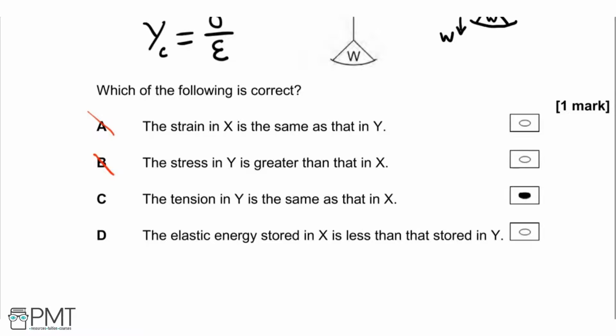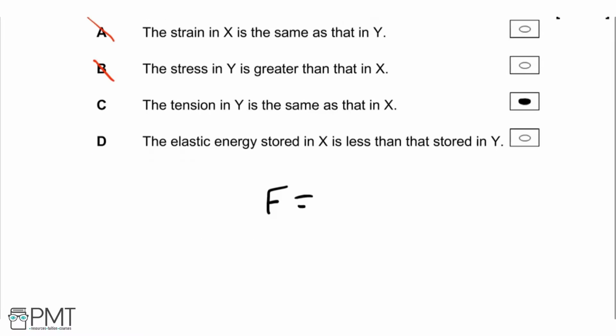Now for this last one, the elastic energy stored in X is less than that stored in Y. If we just write down the elastic potential energy equation. So it's probably best not to get the spring constant K involved too much. We don't want to overcomplicate things, but effectively the elastic potential energy stored is equal to 1/2 times the force of extension multiplied by the extension itself.